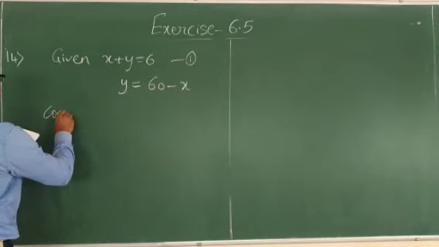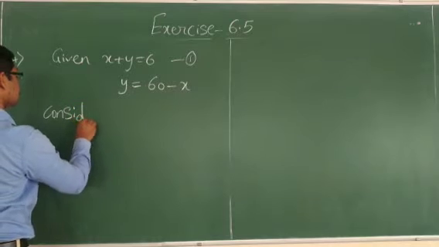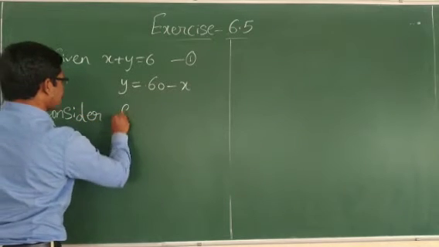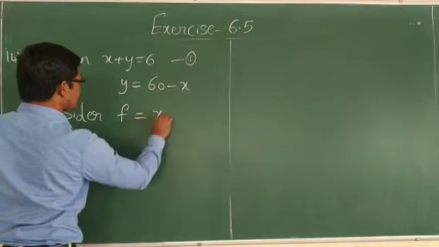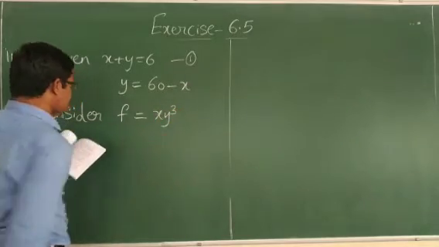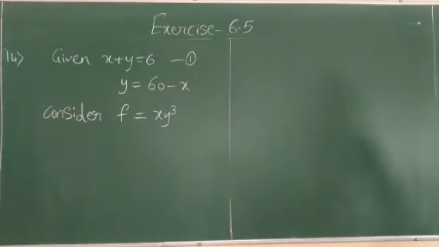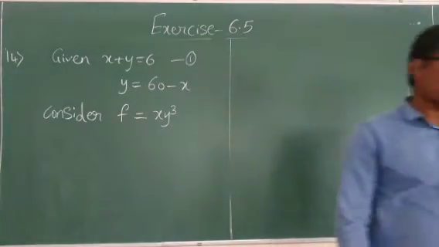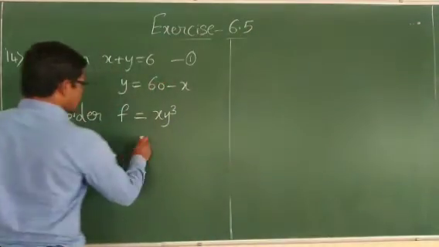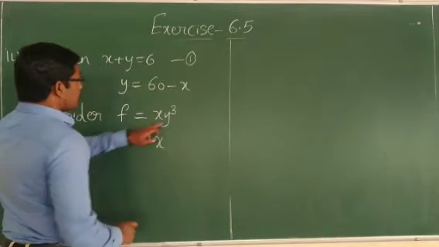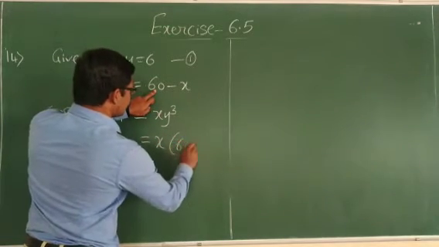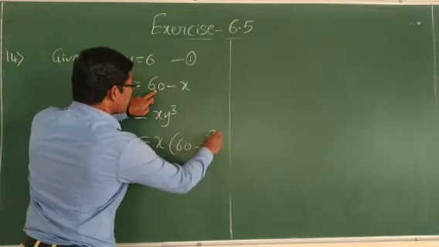Now we consider f equal to x y cube. We can consider some function f equal to x y cube. Then we can substitute y cube as 60 minus x whole cube.